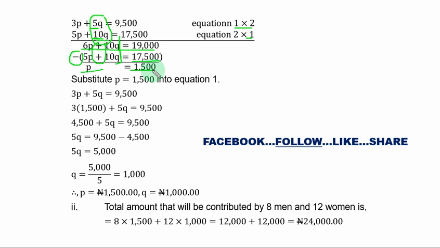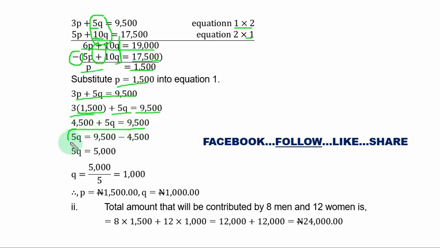To get Q, substitute the value of P into equation 1. This is equation 1. You replace P with 1,500. You multiply it by 3 plus 5Q equal to 9,500. If you simplify this term, you have this result.